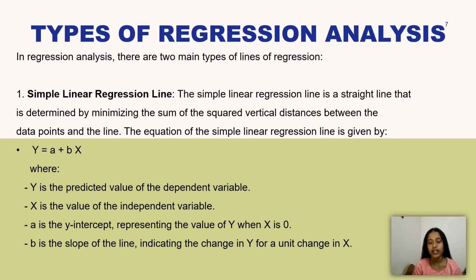It is a straight line determined by minimizing the sum of squared vertical distances between the data points and the line. Don't worry about this complex sentence. We are going to understand this when we solve the example sum.